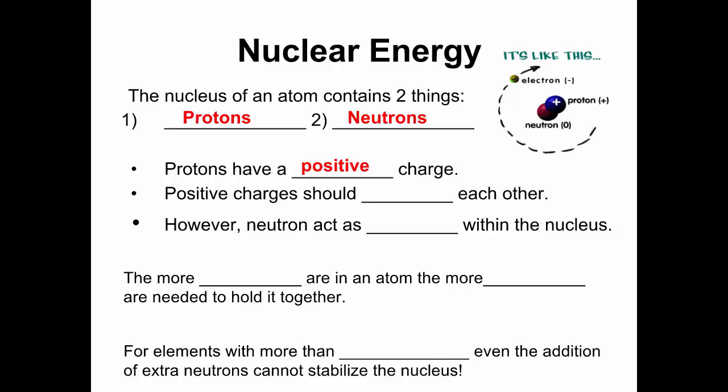So positively charged protons inside the nucleus should repel each other, but somehow the nucleus stays intact. It's the neutrons that help glue the nucleus together. If the nucleus were just protons, they would repel each other and the nucleus couldn't stay intact. So the more protons you have in your nucleus, the more neutrons you need to keep it all together.